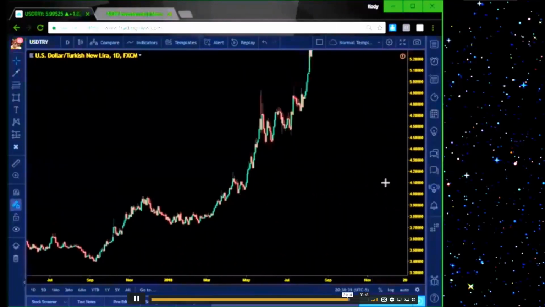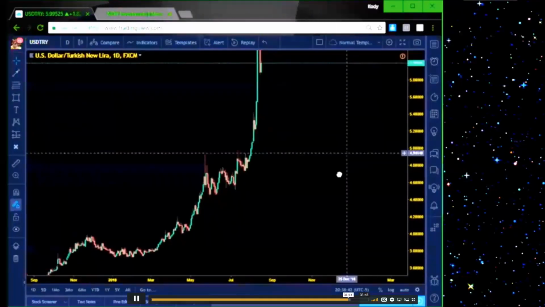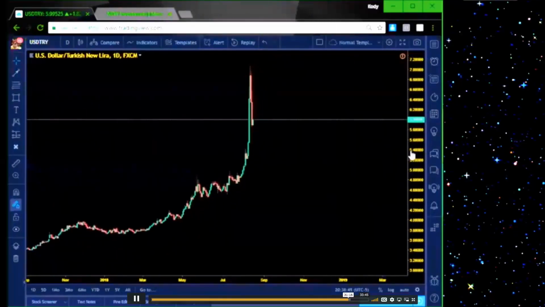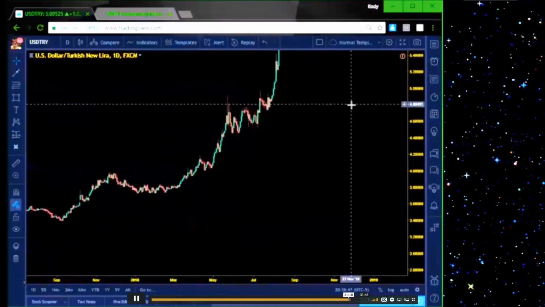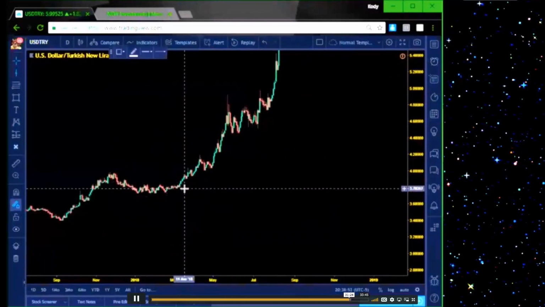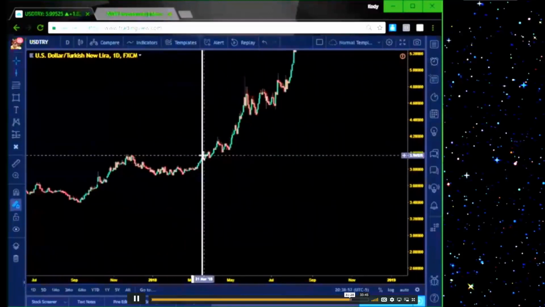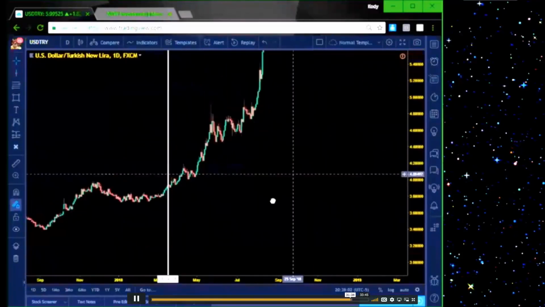So I'm going to show you guys here. I've got USD Turkish New Lira pulled up on the daily time frame, and this baby has been in bullish structure since right here, which is 20th March 18. So it's been about 5 months now.